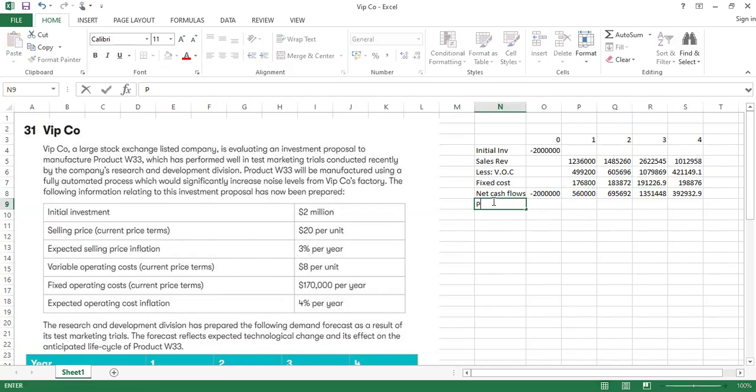Present value at 10%. For year 0, the factor is 1, so it will remain the same.